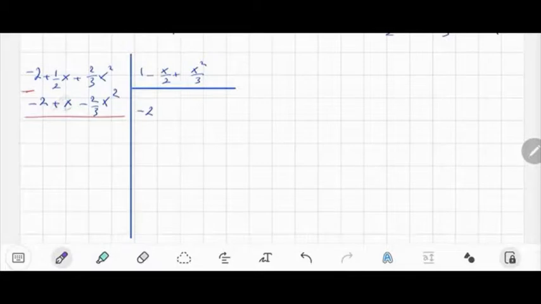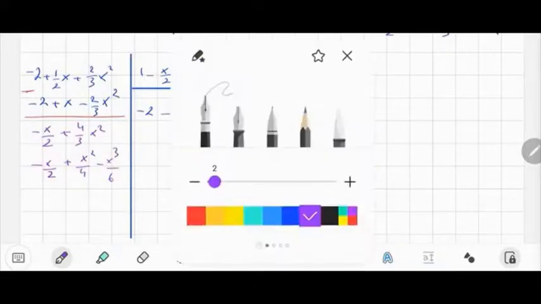Half x minus x is minus x over 2, and then we have plus 4 over 3 x squared. So now it's minus x over 2, which will give us minus x over 2 plus x^2 over 4 minus x^3 over 6, and we subtract.